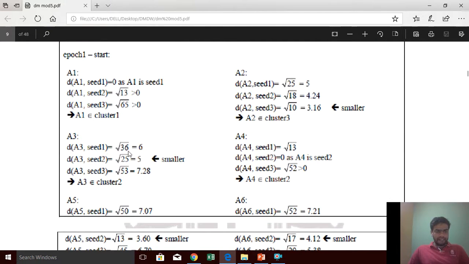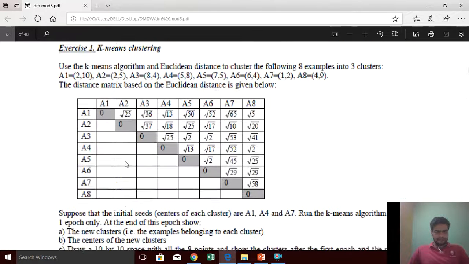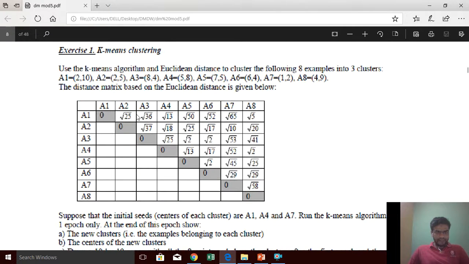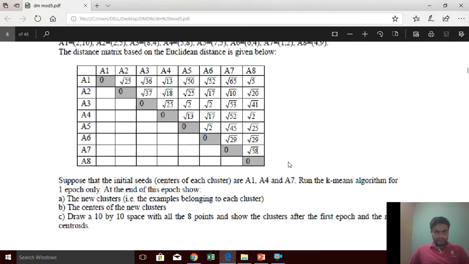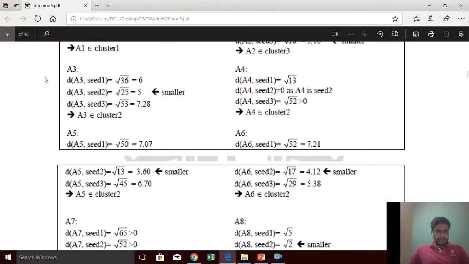Then A3 to A1 is root of 36. Then A3 to A4 is root of 25. A3 to A7 is root of 53.